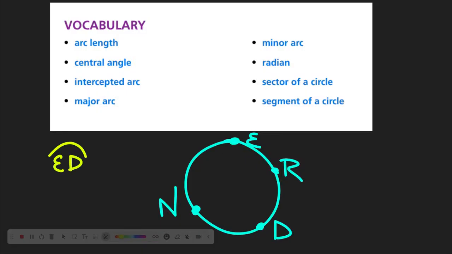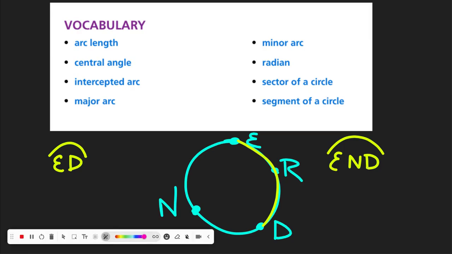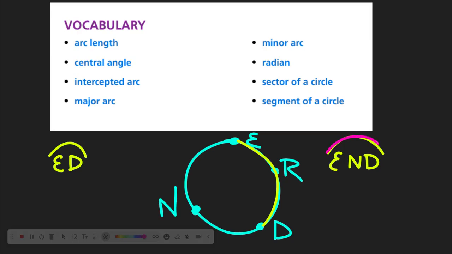That'd be a minor arc. It's less than 180 degrees. Where the major arc I would indicate with 3 letters, and that would be END. Let's use pink. And that would go from here through N all the way to D.